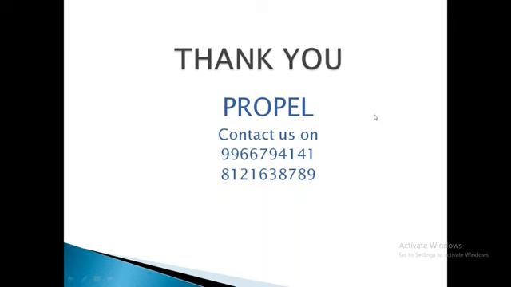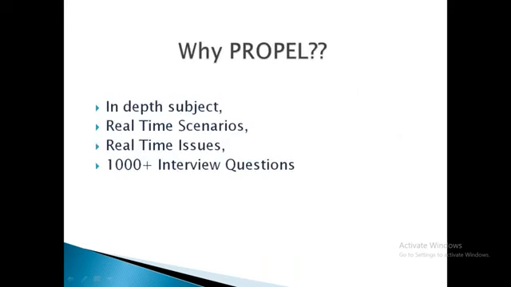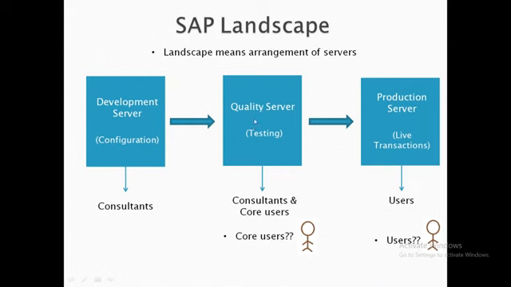Sir, quality servers are used to test the scenarios. Then what type of scenarios occur, sir? See, first we do developments, means we do configurations in the development server. We move all the configurations to the quality server, and here we perform testing. Testing means whether it is working fine or not. In SD, we have some concepts and we have to do testing.